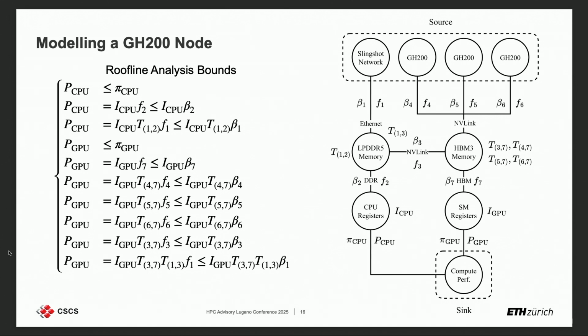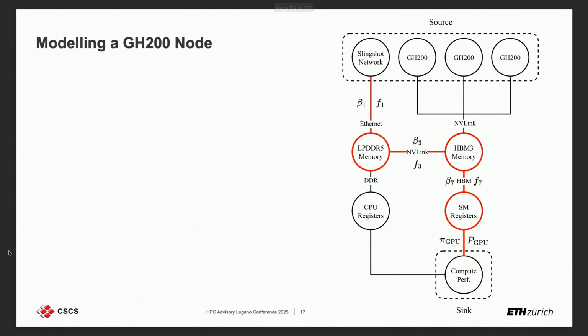Now, I want to look at one specific path, which is the one that goes from the Slingshot network to the GPU performance. Specifically, I want to take a look at the constraint that this peak bandwidth beta 1 imposes on the final performance of the GPU.